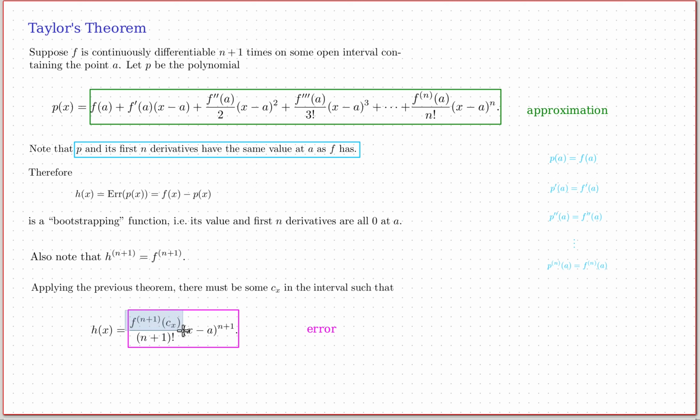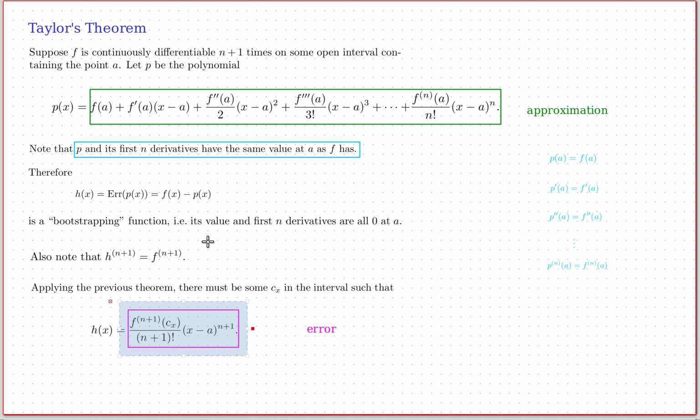And so as long as the derivatives don't blow up, right, as long as these higher order derivatives of f don't become catastrophically large, if they remain bounded, then the error is going to approach 0, right?